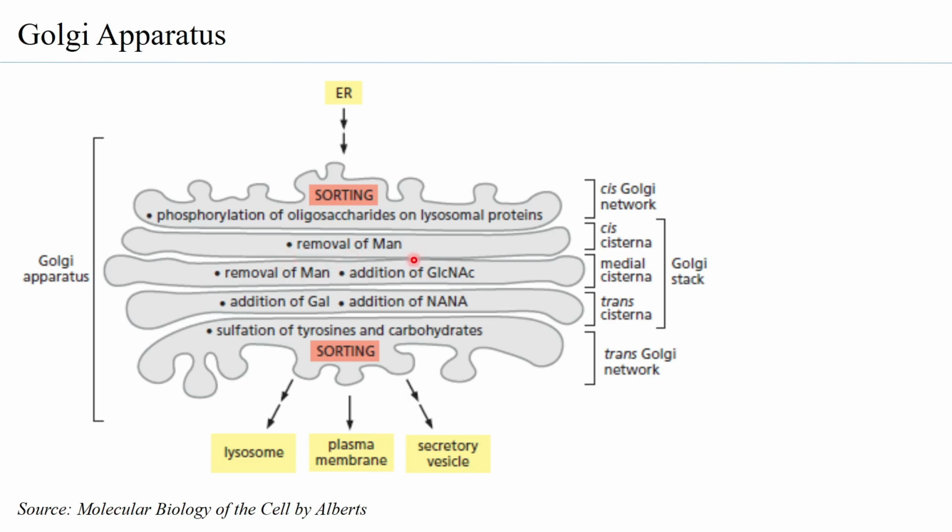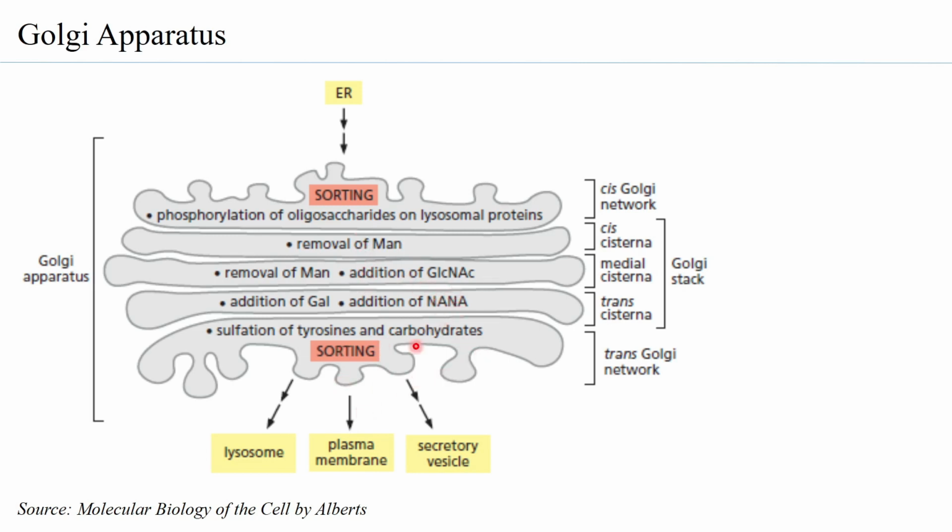In the third cisternae, you can have removal of mannose and addition of N-acetyl glucosamine. Then you have addition of galactose and addition of sialic acid. Then you have sulfation of tyrosines and carbohydrates. So you can see that every compartment has a set defined function, and as the proteins move from the cis phase to the trans, wherever it has to be modified, it gets modified.